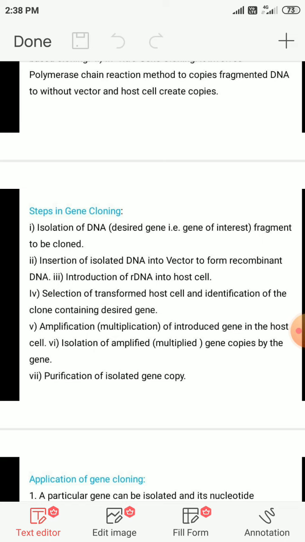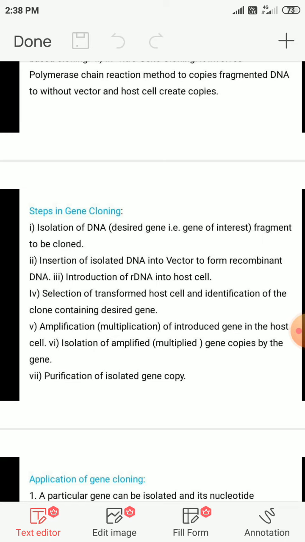If there is more multiplication of the recombinant DNA, then the character will be very visible. The yellowness character will be visible if this DNA multiplies itself within the host cell, and that is nothing but the amplification.